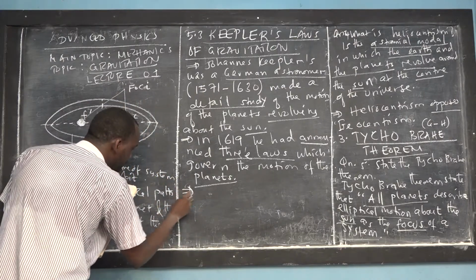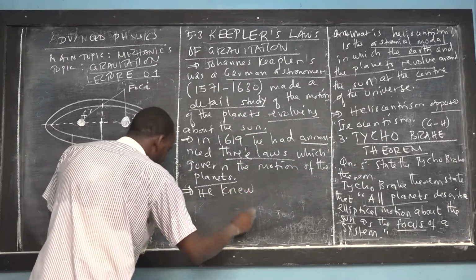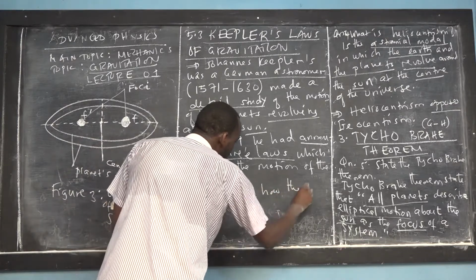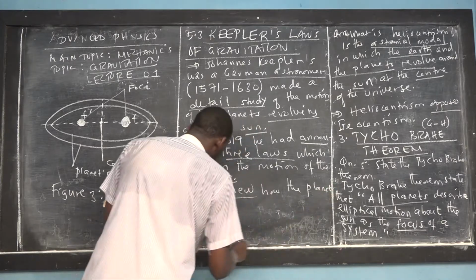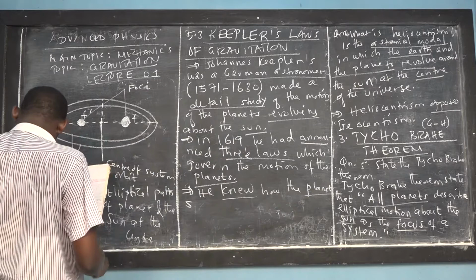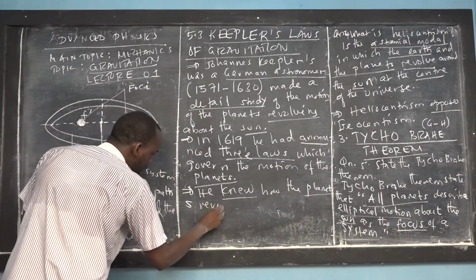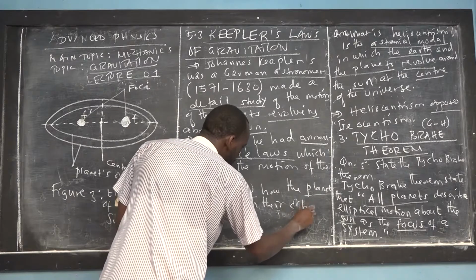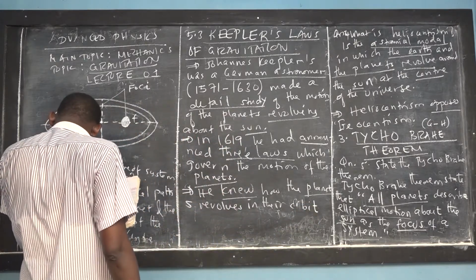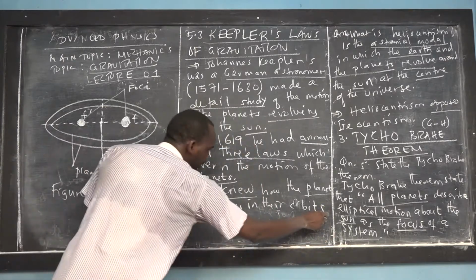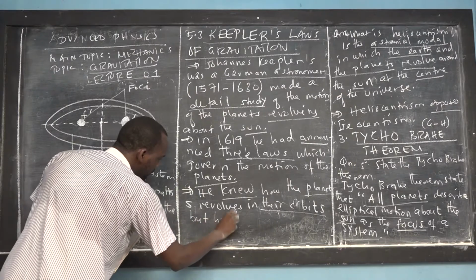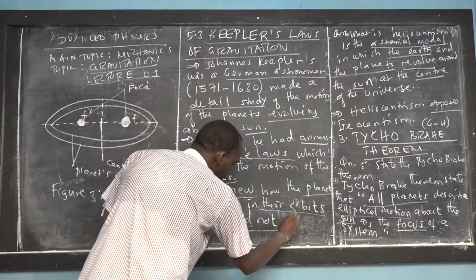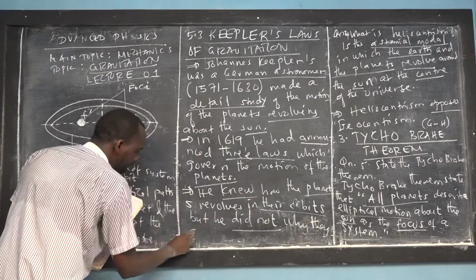Again, in his studies before his death, he knew how the planets revolve in their orbits around the sun, but he did not know why they do so.